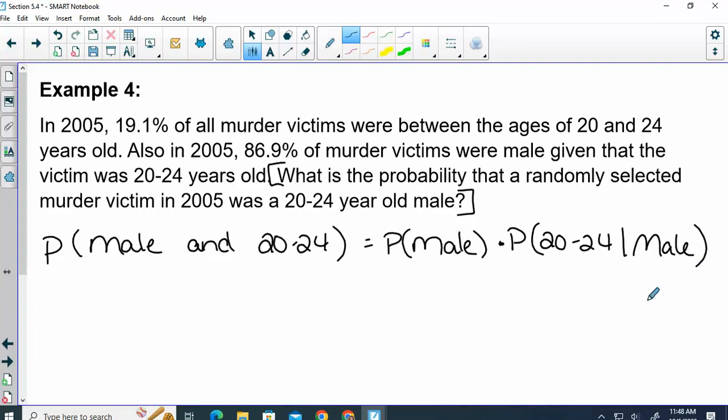Now, sometimes in our problem, things may not be in this order. My conditional, this is saying that I have to know if they're a male, the probability that they were 20 to 24 year old. We found the last one, the 86.9 is probability that they were male given 20 to 24.